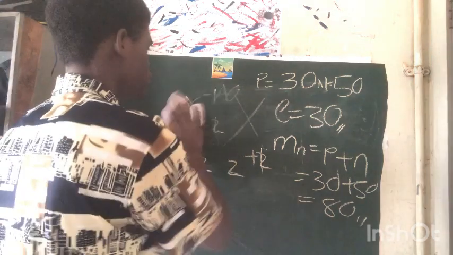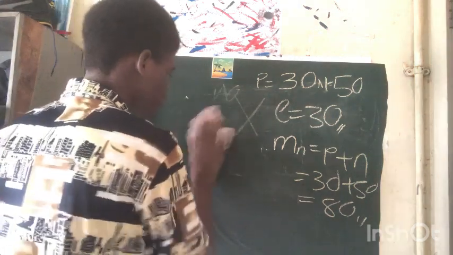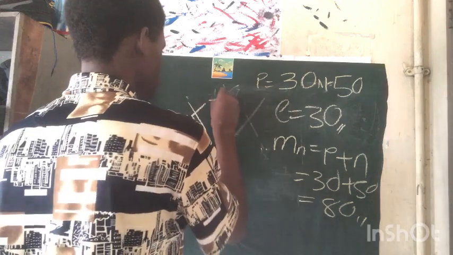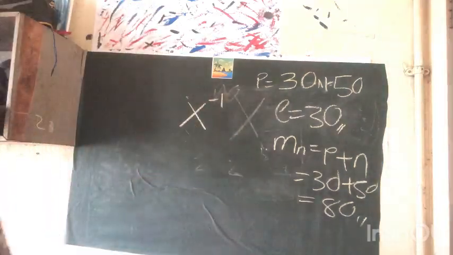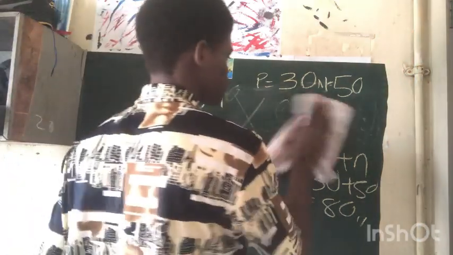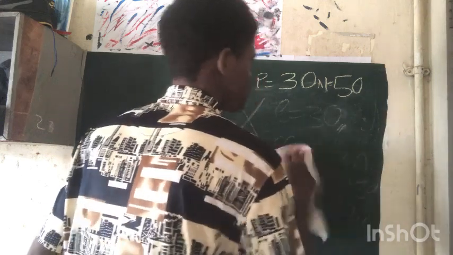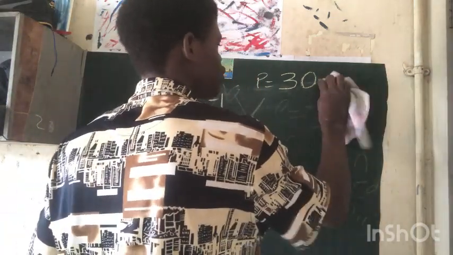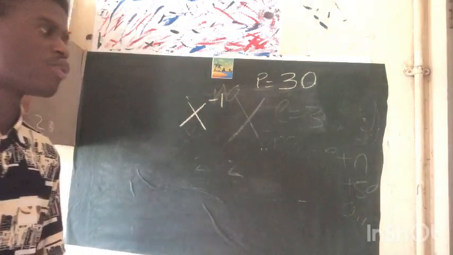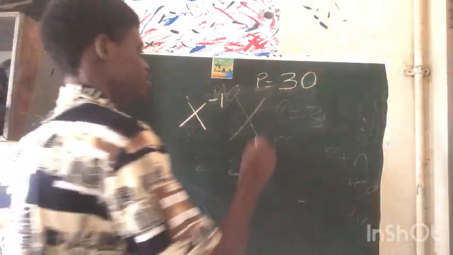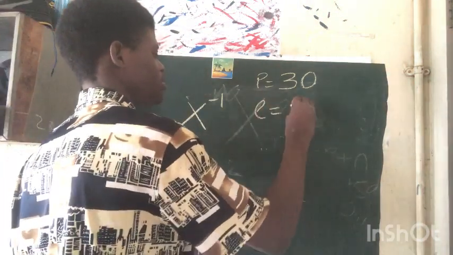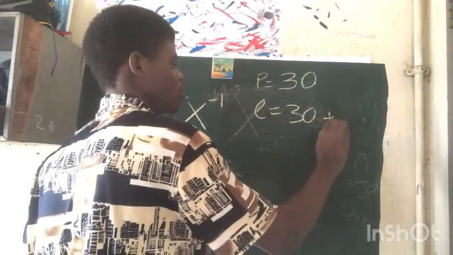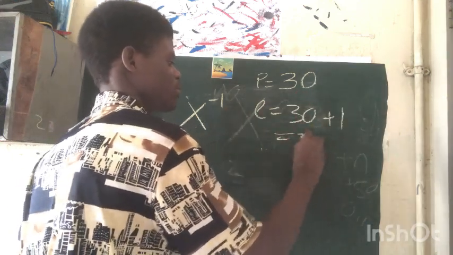So how do you calculate the electron and proton number? Let's say in an ion of -1, the proton number is 30. That's how you should calculate the electron number: the electron number will be 30 plus 1, that will be 31.